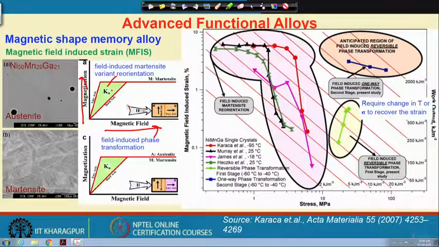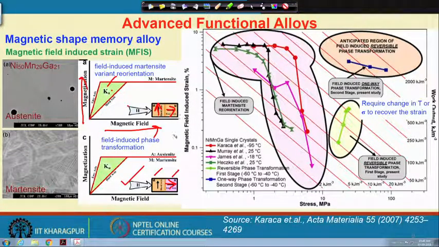If I apply the field, the martensite which has initially a magnetic moment along this direction will be switched into the direction of the magnetic field, and with that switching we remove one of the twin variants due to the reorientation of the martensite. Otherwise we can change the phase from martensite to austenite by the application of the field, where we not only change the phase, but also align the magnetic domain.